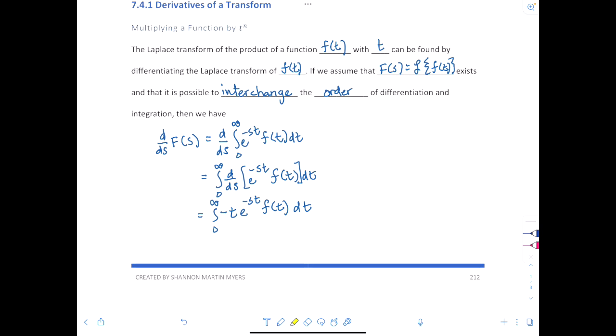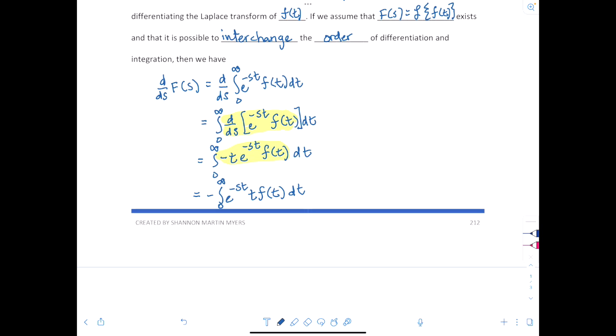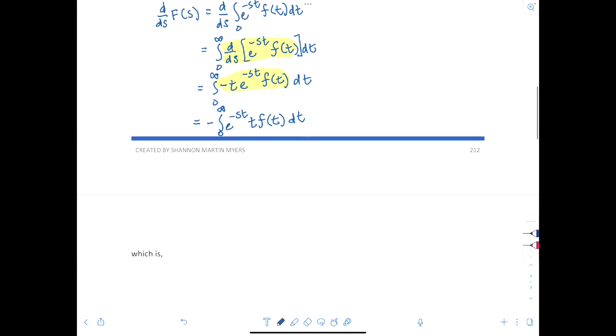So this here is all this, and then that's going to end up being negative integral 0 to infinity of e to the negative st, I'll write it like this, times t times f at t dt. Groovy?